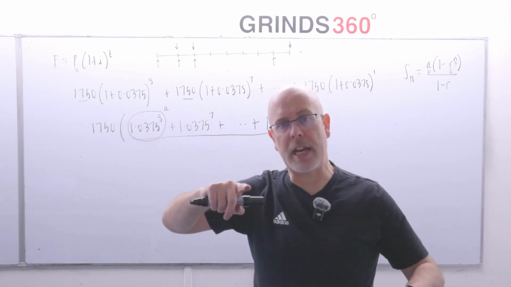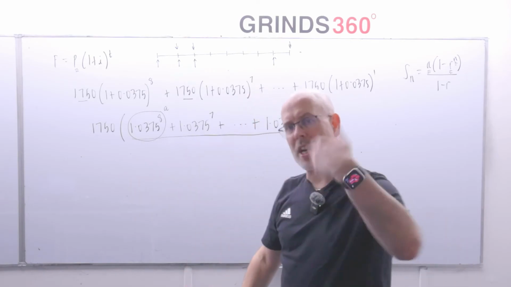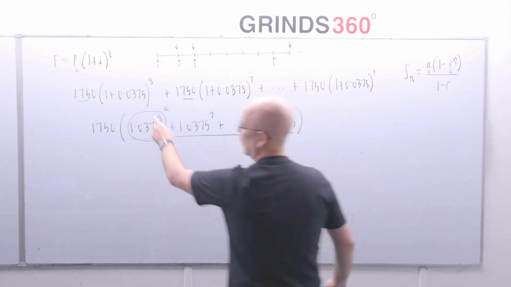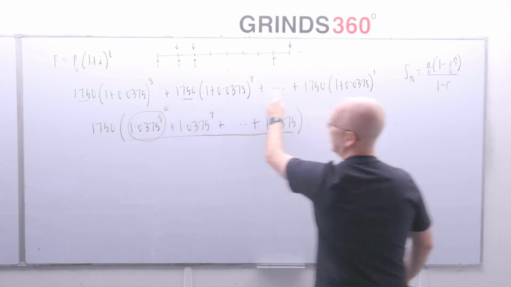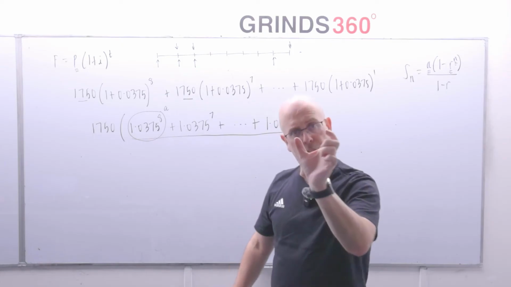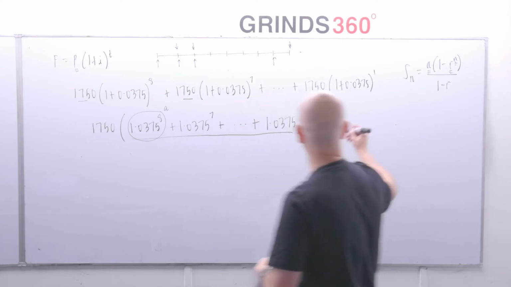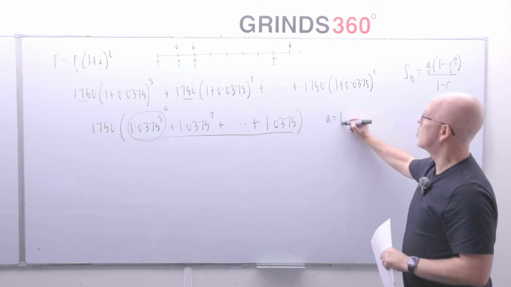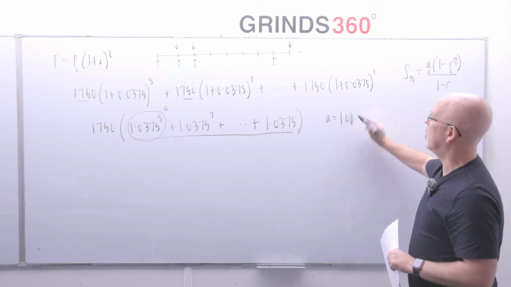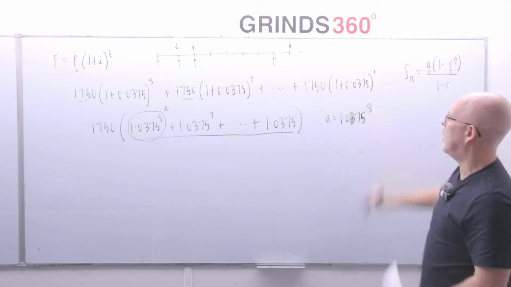Now, the simplest way to find r is take any number and divide by the one before it. That's why when I'm writing out my series, I would always write down the first two terms, then the ellipsis, and then the last one. It's just the first two and the last one is fine for me. I need the first two so I can find r. Because now, A, in this case, for this series, is 1.0375 to the power of 8.